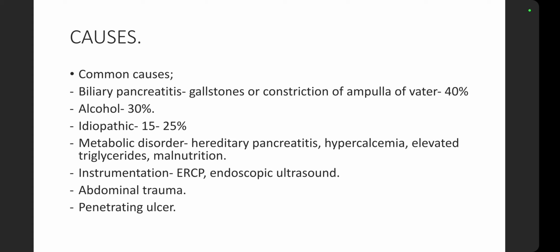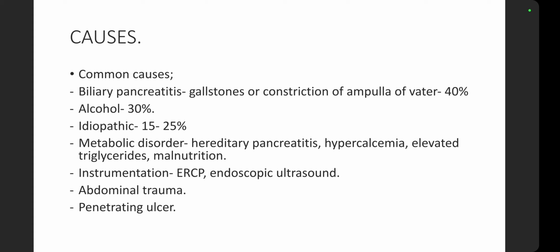Then there's idiopathic, and also metabolic disorders, whereby there are hereditary pancreatitis, hypercalcemia, elevated triglycerides, malnutrition.